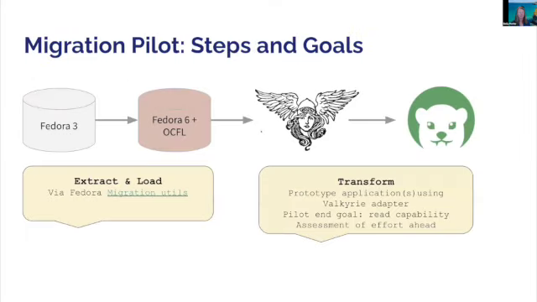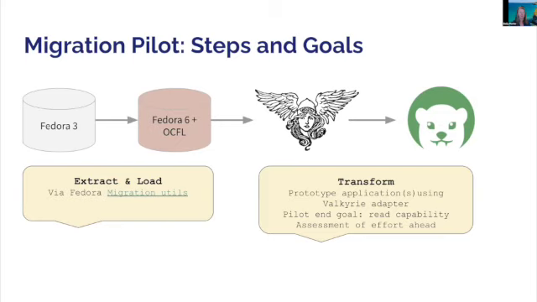So for our migration pilot, we made a few decisions right away. One is that we did want to try that 3 to 6 route. We also wanted to look at Valkyrie and the Valkyrie Fedora 6 adapter, as opposed to looking at ActiveFedora, in the hopes that this might get us better support within Hyrax more quickly.